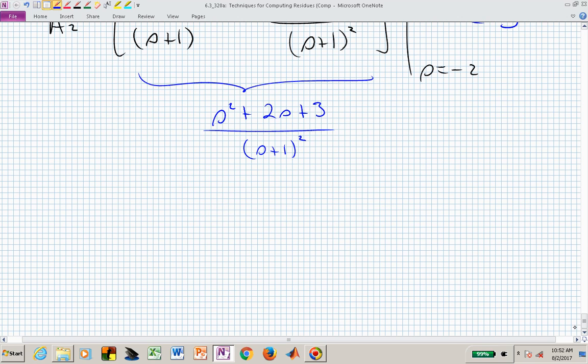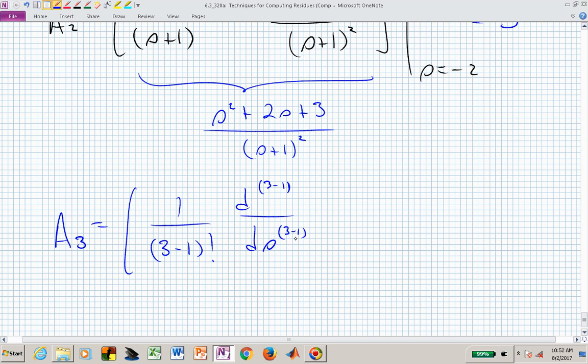Now to find a sub 3, we've already differentiated once, but let's go ahead and plug this into the formula. We now have 1 over 3 minus 1 factorial. The 3 minus 1 derivative with respect to s of s squared plus 3s over s plus 1.